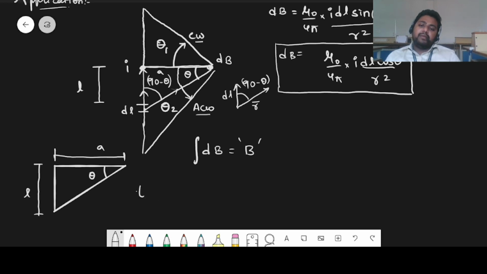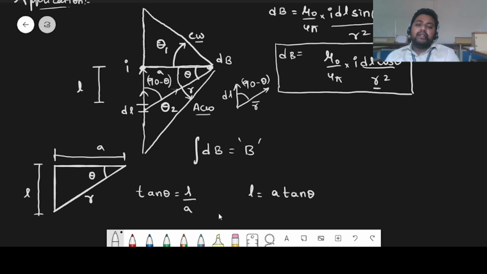From here, if I am writing tan theta as an expression, and this distance is R, this is your R. Tan theta can be written as opposite by adjacent. What is the opposite side? L divided by A. So can I write L is equal to A tan theta?